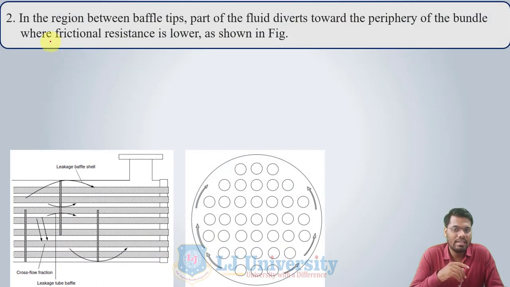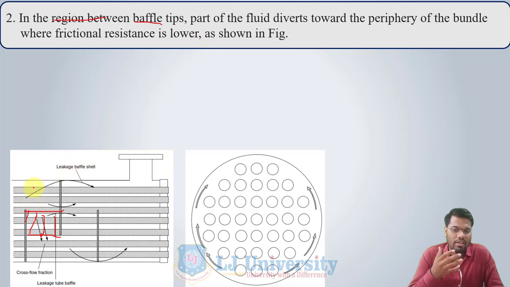The second reason is in the region between the baffle tips. This is the region between the baffle tips. The fluid diverts towards the periphery of the bundle where frictional resistance is lower.